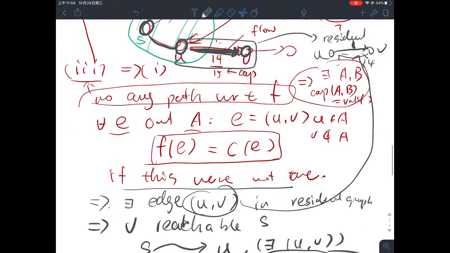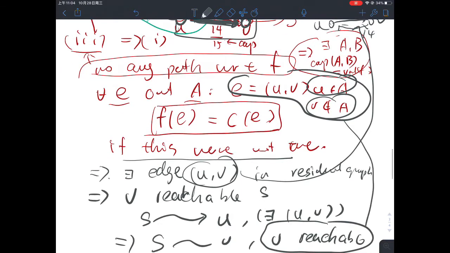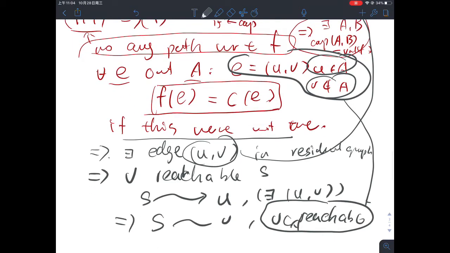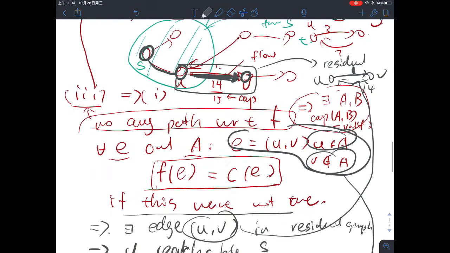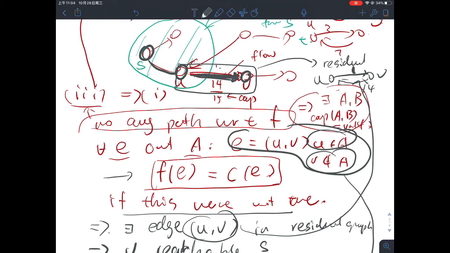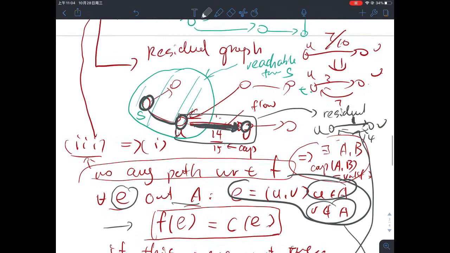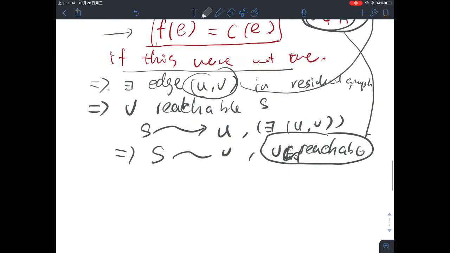The way we picked the edge is that U is in A and V is not in A, but in the end we proved that V is actually in A. So that's the contradiction we are getting, and that's the reason we cannot have this case. This equality always holds: f of E equals C of E whenever E is out of A. That's the first part.